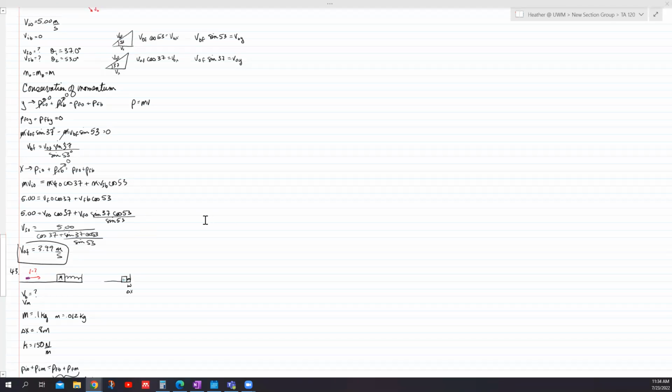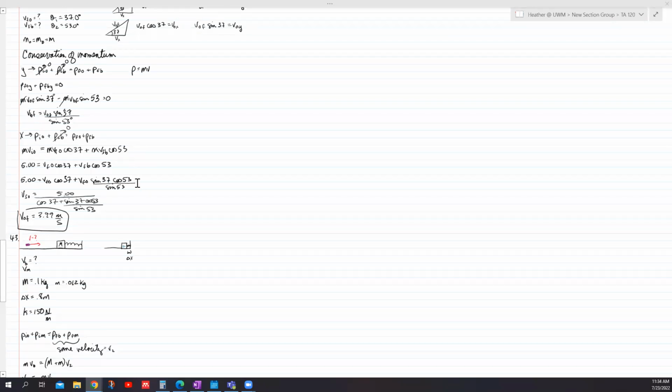We're going to just insert what we know, and we're going to solve for the final velocity of blue, because that's one of the things that we're looking to know. And we end up with VBF equals VOF sine 37 over sine 53.